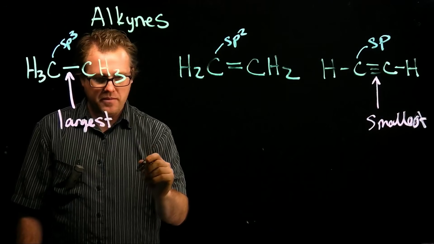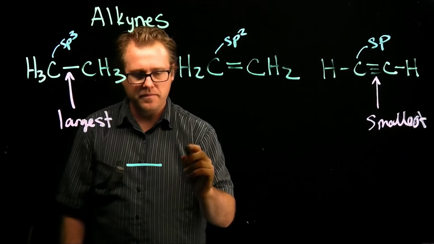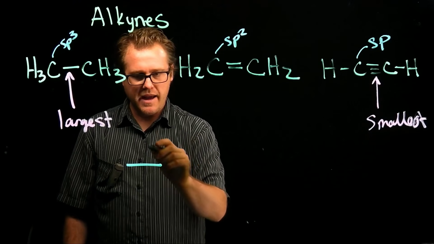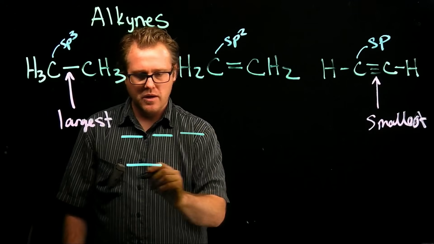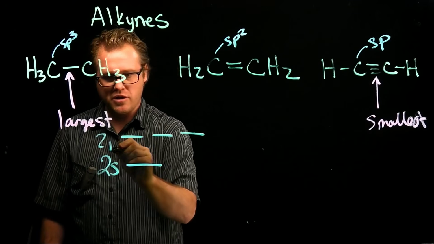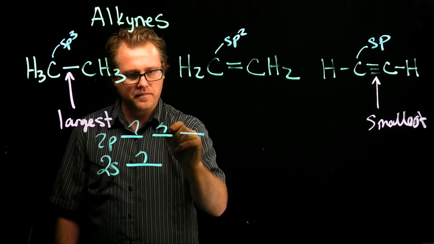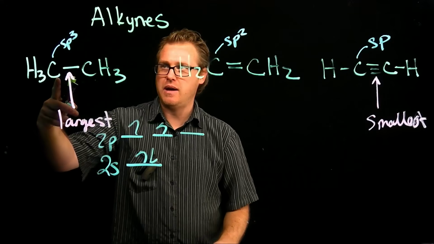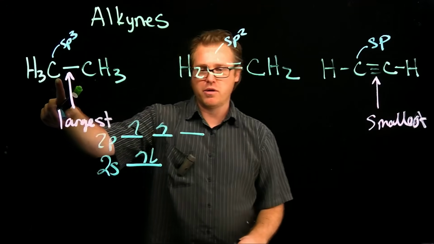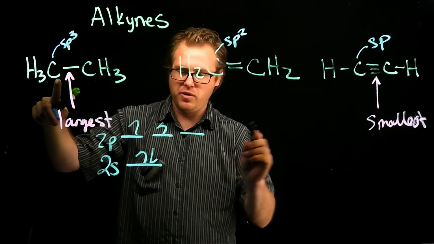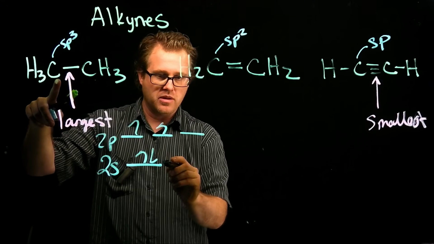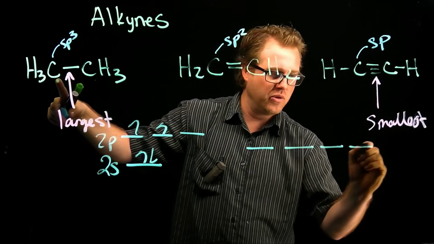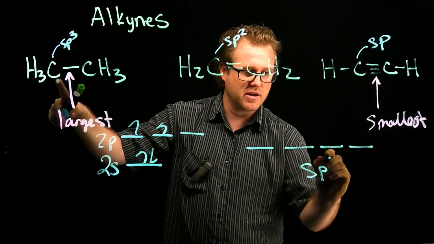We are taking our orbitals here: 1s, that's our 2s, and that's our 2p orbitals. And when we hybridize to sp3, we take the 2s orbital and 3 p orbitals and hybridize them to the same energy. So that's our sp3.